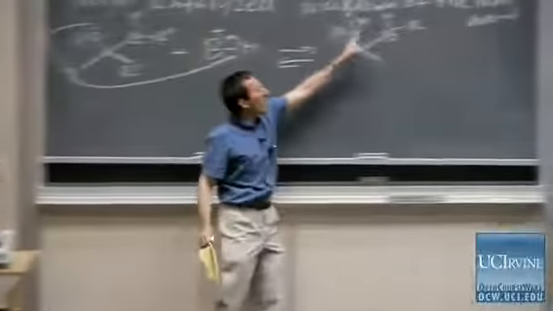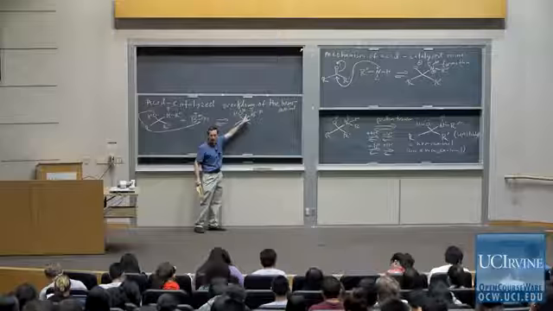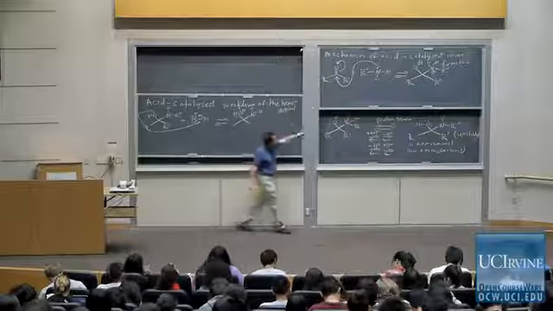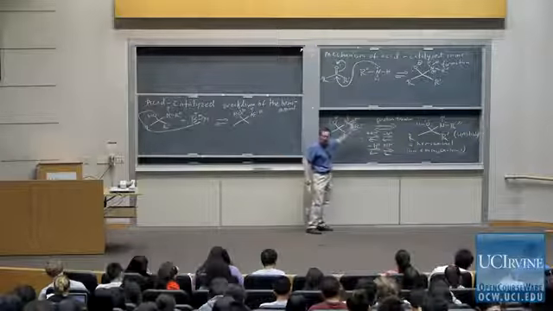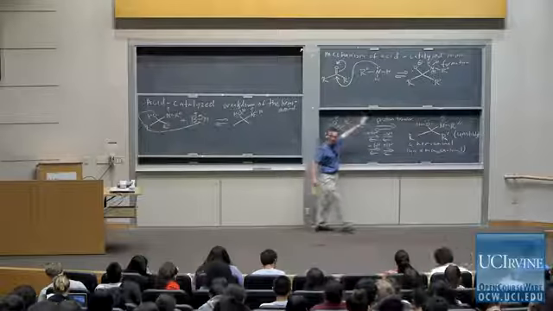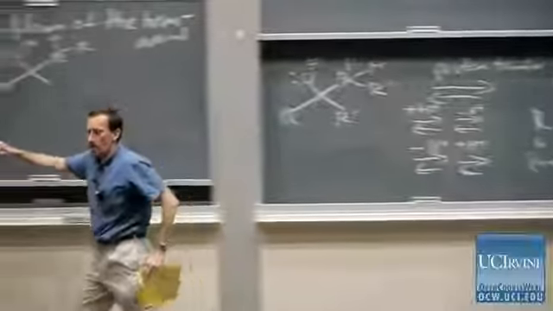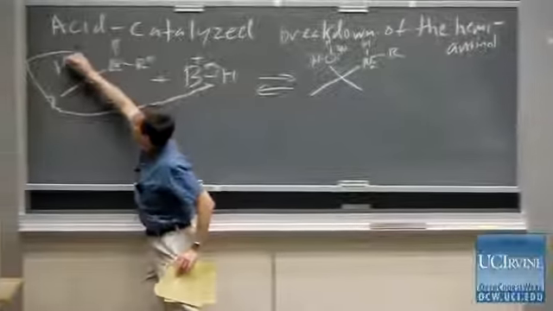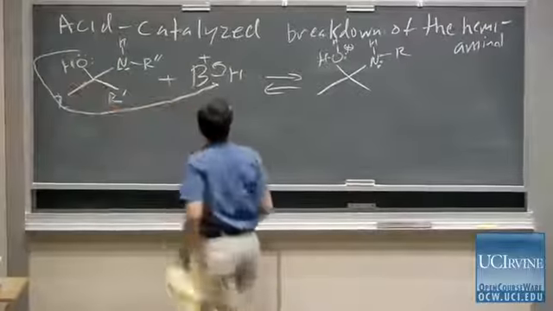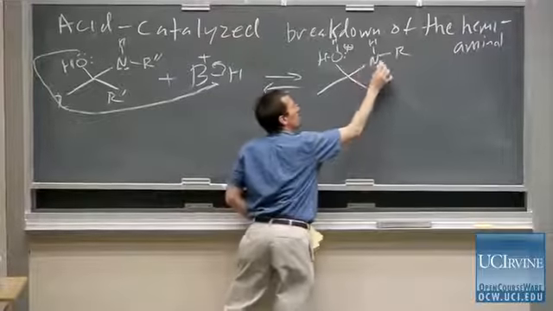The nitrogen has to push out a molecule of water. So protons come on and off every Lewis basic site in the molecule, but sometimes they go on to this oxygen, and when they do, we're now set up to overcome the rate determining step.